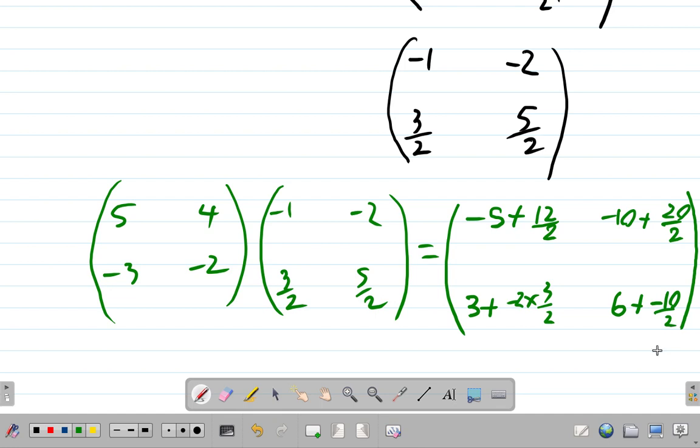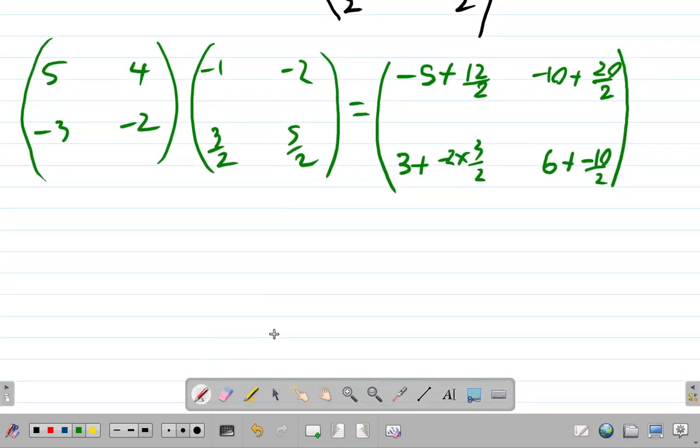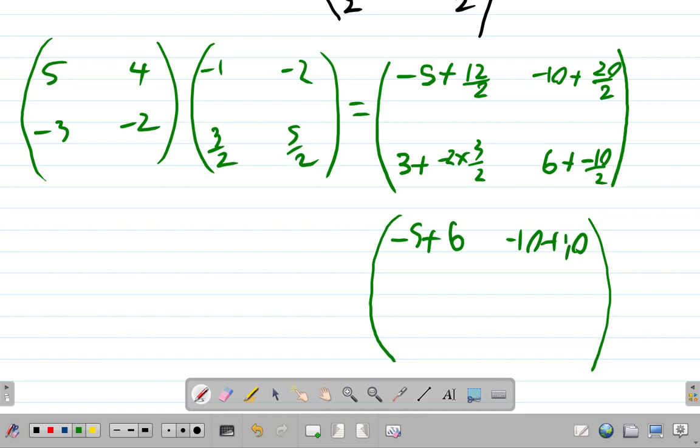Alright. Now, let us see what we get. Remember, we're supposed to get the unit matrix. Negative 5 plus 12 over 2 is negative 5 plus 6. Negative 10 plus 20 over 2 is negative 10 plus 10.